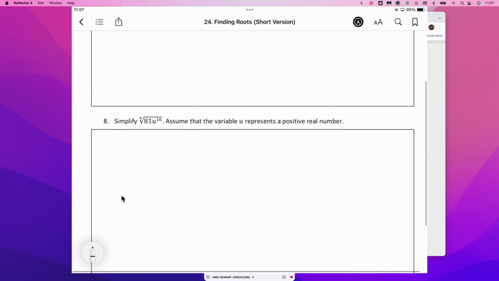And then lastly, we've got the 4th root of 81 u to the 16th. The 4th root of 81, 3 times 3 is 9, times 3 is 27, times 3 is 81. So that's going to be a 3. And then we've got to deal with u to the 16th. So we need to break u to the 16th into 4 u to the somethings being multiplied by each other 4 times.